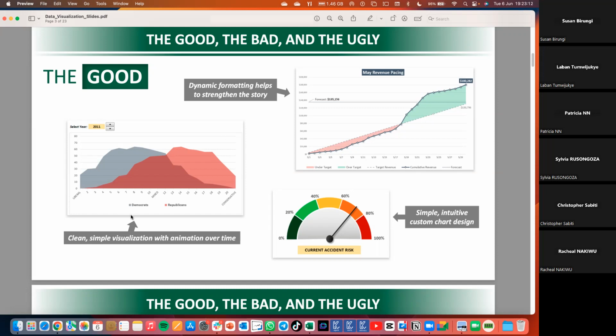Here they are showing you the main things they are looking at to call this good. It's a clean, simple visualization with an animation over time. The animation they are talking about is that when you do a selection here, it will automatically change to the data you have selected. Then there is dynamic formatting, which helps you to strengthen the story.